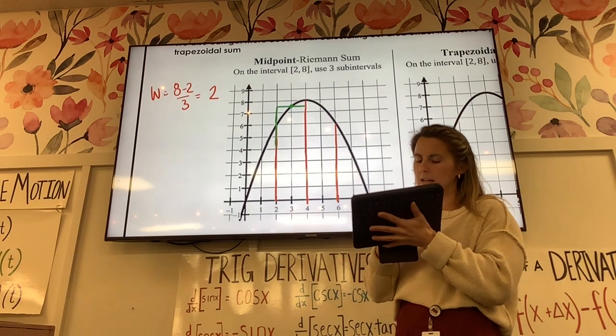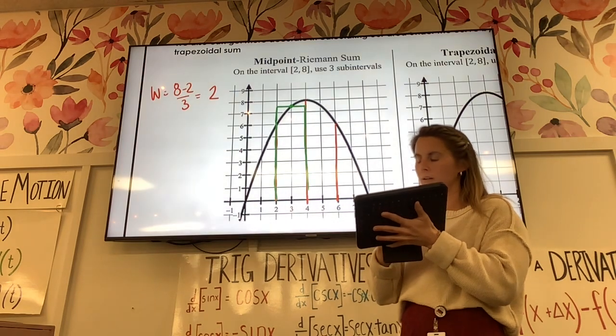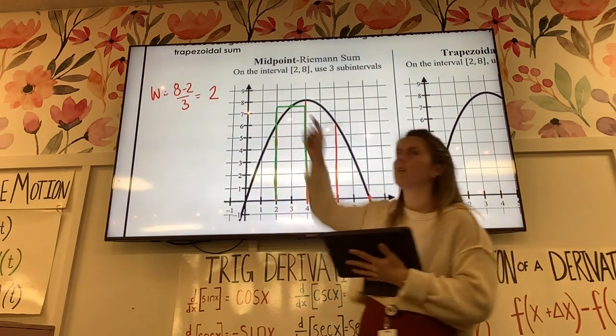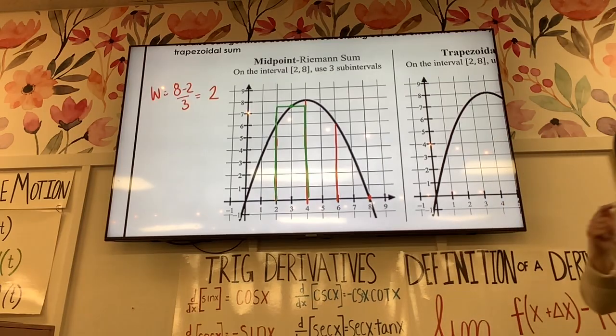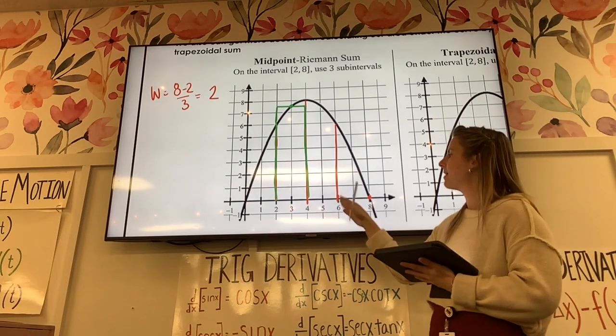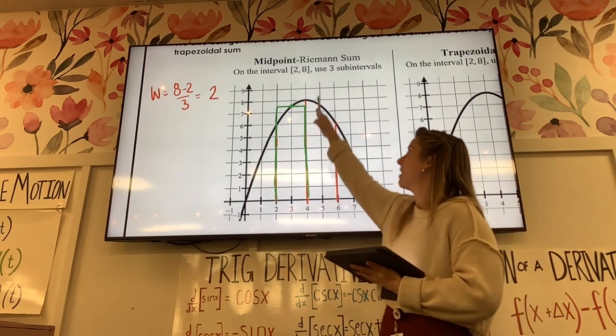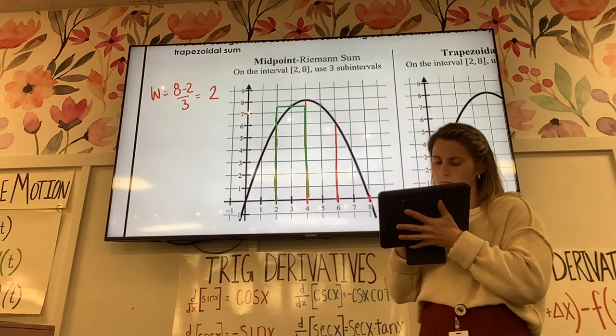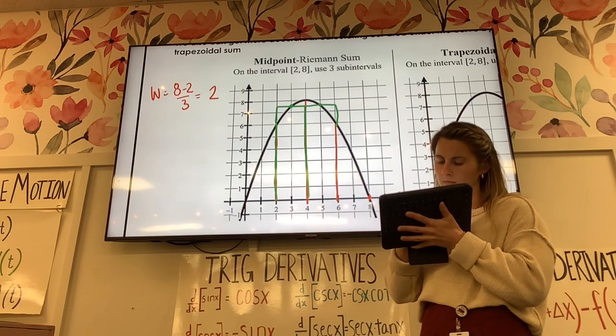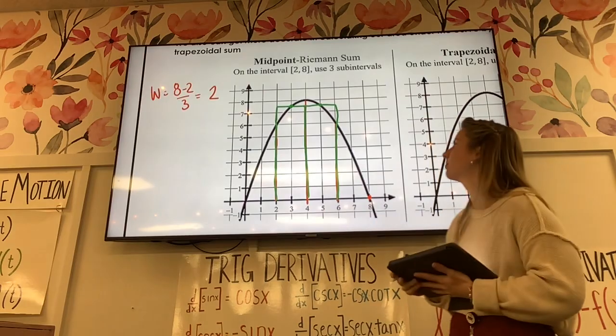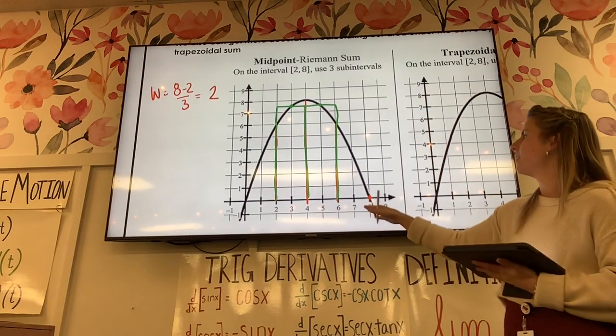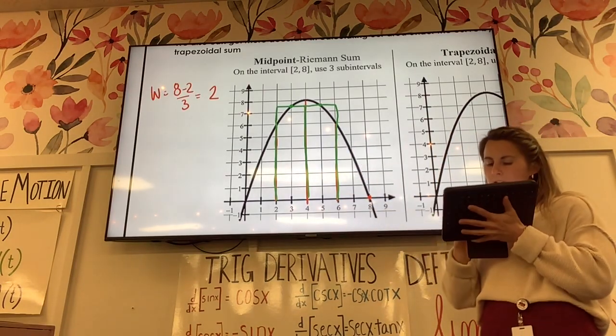So it's going to look something like that. You see how that middle point determines how high your rectangle goes? All right, so from 4 to 6, the point 5 is going to determine how high my rectangle goes. And then from 6 to 8, the point 7 will determine how high my rectangle goes.